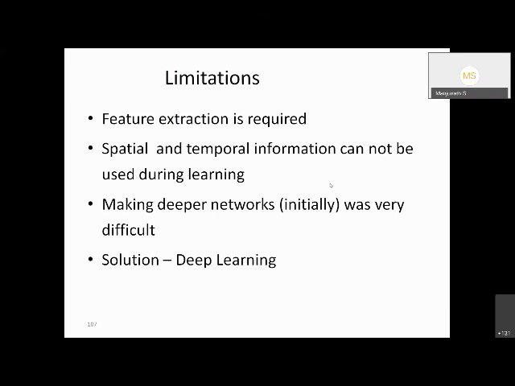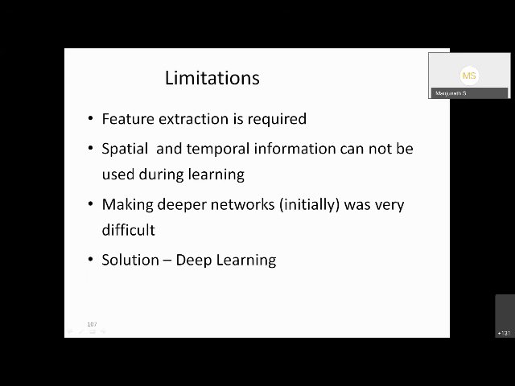If you want to do any learning algorithm, we need feature extraction. For that, feature engineering has to be done. One person has to be dedicated to feature engineering, and he should have domain knowledge. That is one of the limitations of all machine learning algorithms, even neural networks. It requires feature extraction prior to learning. That is one of the major limitations of all classical machine learning algorithms like SVM, Bayesian classification, neural networks, or anything you take.